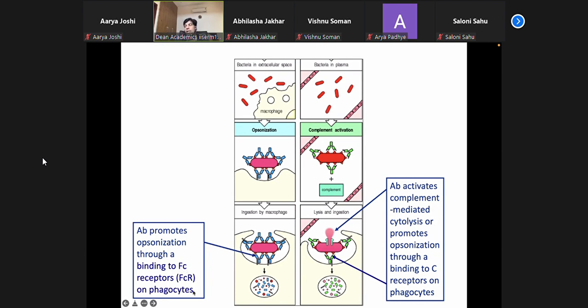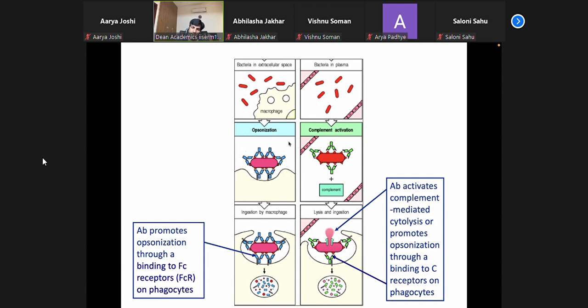And you know that these Fc receptors are present in large abundance on the surface of these innate immune cells, particularly macrophages, also NK cells. So the process of coating of this microbe with antibody, followed by its internalization involving Fc receptors, and the Fc receptor is going to bind to the Fc portion of the antibody molecule.